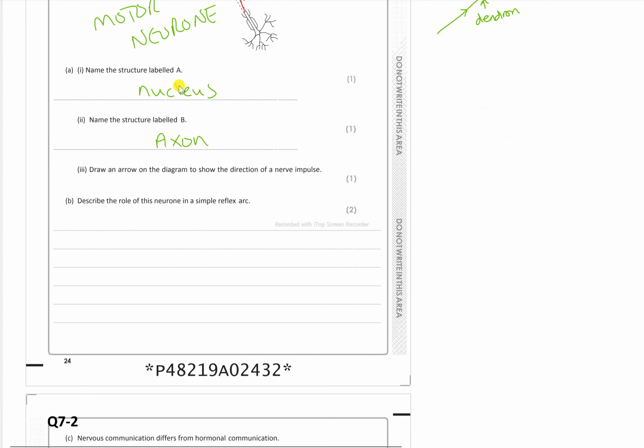Describe the role of this neuron in a simple reflex arc. Right. This passes on the electrical impulse to the effector.